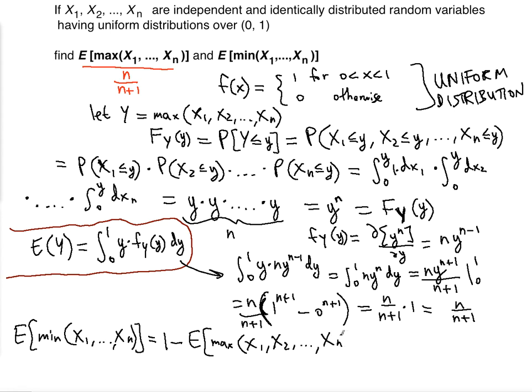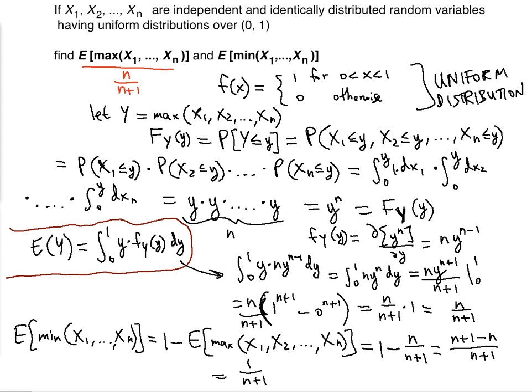So you're saving a lot of work. That's going to be 1 minus n over n plus 1, which is much easier than the integral. Combining into a single fraction, n plus 1 minus n over n plus 1, the n's go away, giving 1 over n plus 1. And it makes sense, because this is way less than n over n plus 1. 1 over n plus 1 is definitely the minimum value.